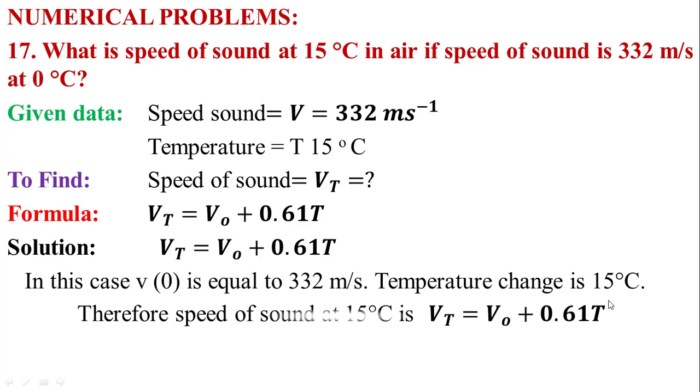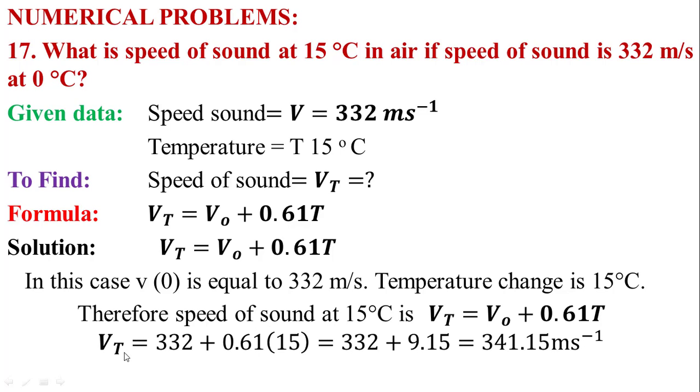Putting the values, the speed of sound at 15 Celsius, Vt, is equal to V naught plus 0.61 T. Then Vt is equal to 332 plus 0.61 multiplied by 15. 0.61 multiplied by 15 is equal to 9.15.